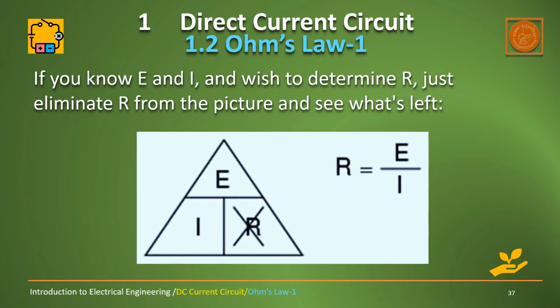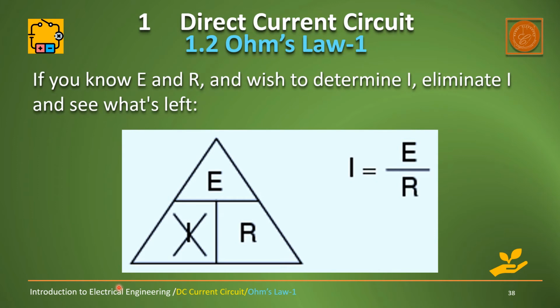If you know E and I and wish to determine R, just eliminate R from the picture and see what's left. After you take this one off, you are left with E and I. E is on the top and I is on the bottom. So R is equal to E divided by I.